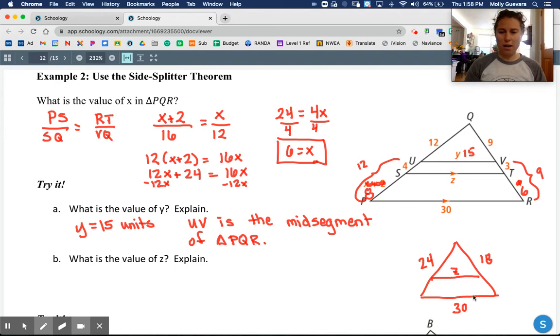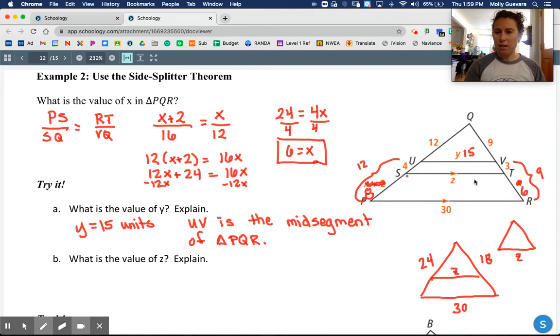There are multiple ways that I can do it. Sorry, I just totally spaced for a second. Okay, there's multiple ways I can do it. Let's draw this other triangle where this is z.